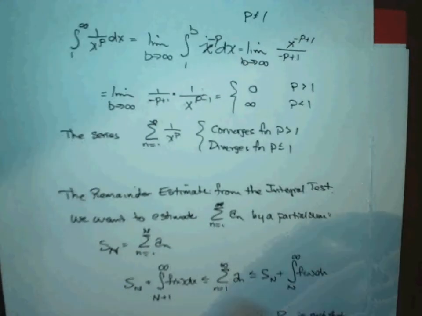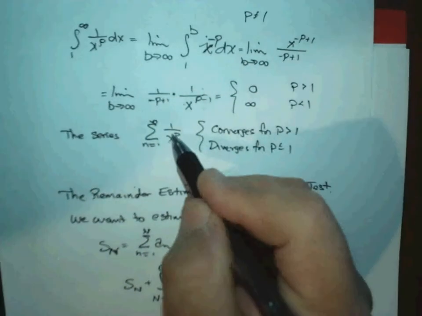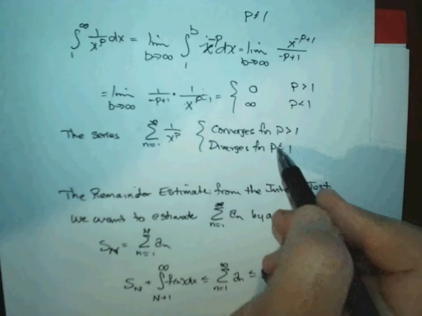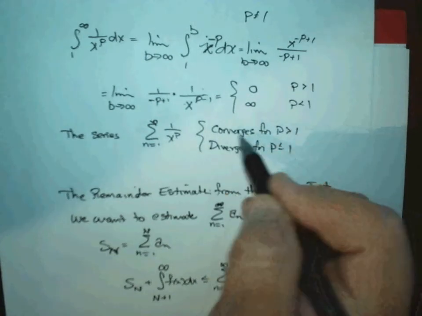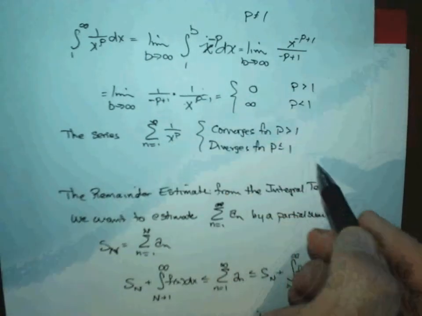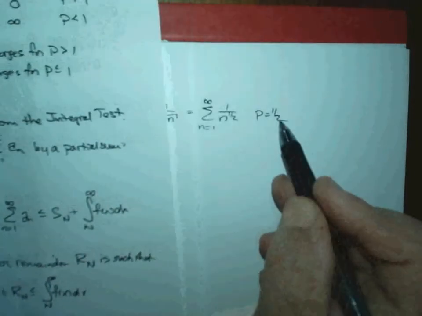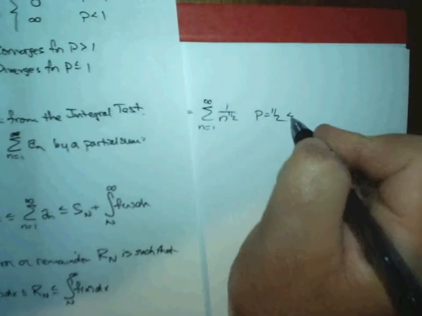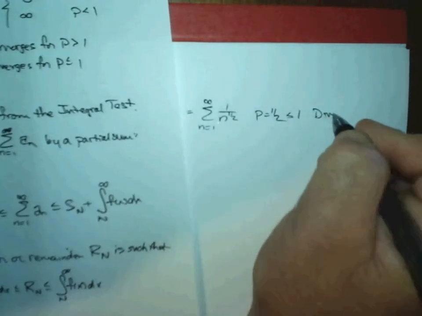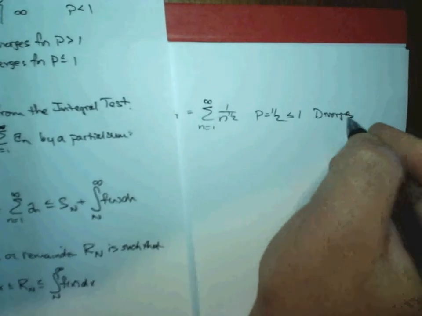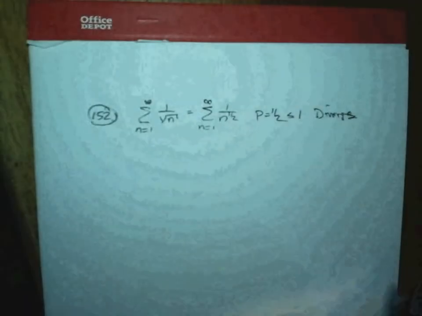So recall what we concluded from the p-series. If I can find that page here. Here was our p-series analysis. If p is bigger than 1, the series is going to converge. When p is less than or equal to 1, the series is going to diverge. 1/2 is certainly less than or equal to 1.